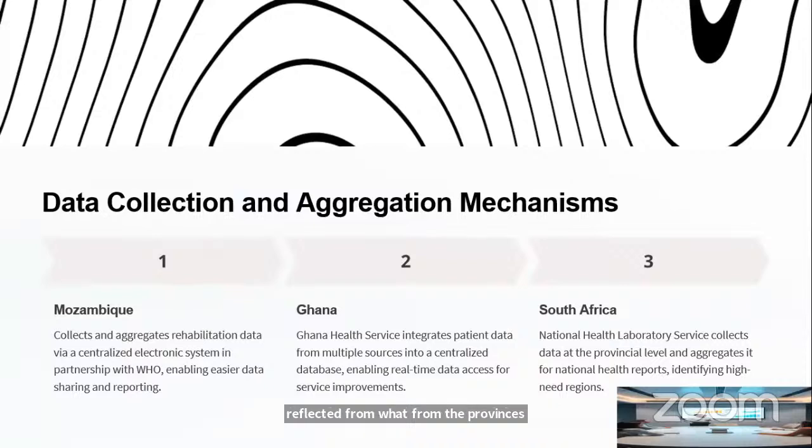So they are able, based on this data, you know that data doesn't lie, you'll be able to identify which area have high demands or in need of more attention in terms of services provision.